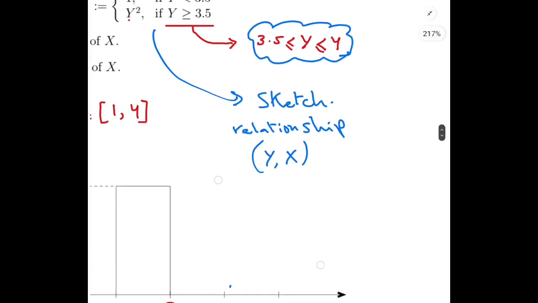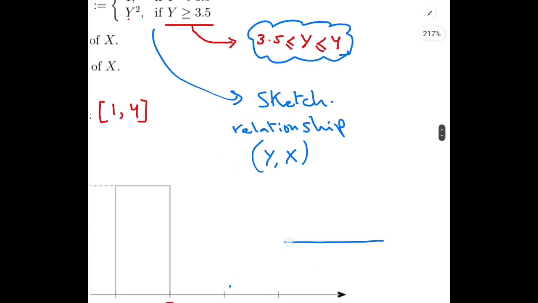So a quick sketch will show you how this looks. So we have 3.5 and we have 4.